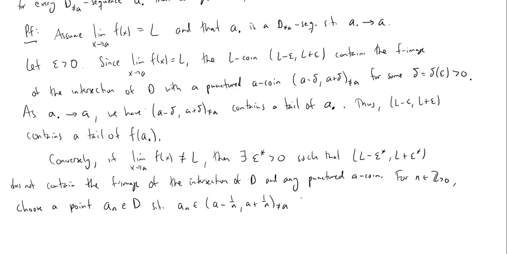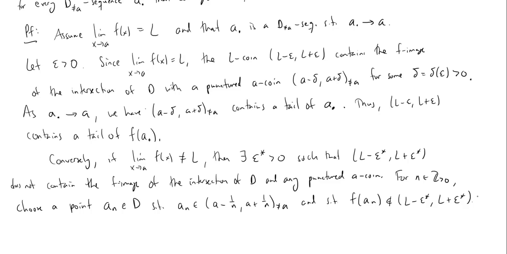Okay, so I toss out A, but I get everything between A minus 1 over n and A plus 1 over n. Okay, well, there's a lot of points I could choose in here, but such that if I take the F image, so F of a sub n, this is not an element of the L coin of radius epsilon star.